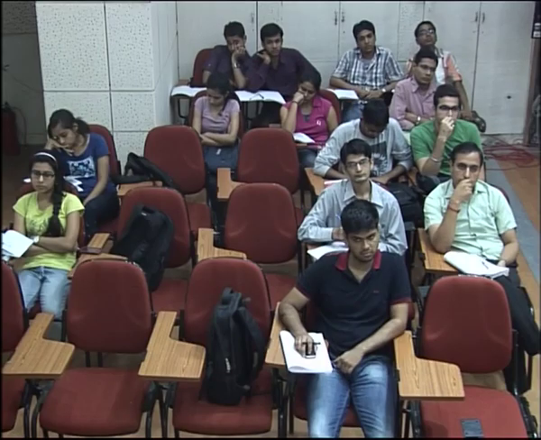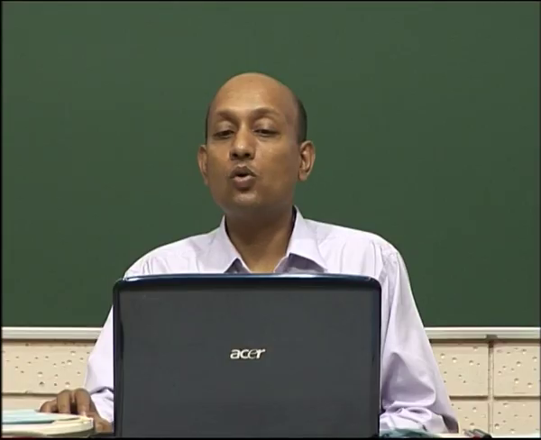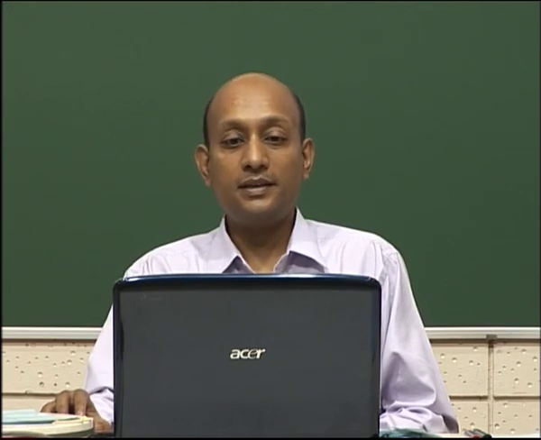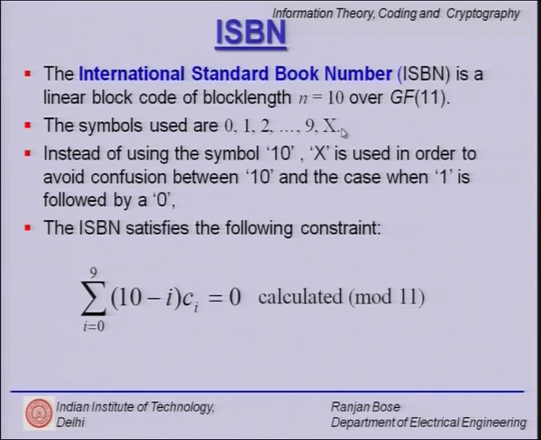Of course, the arithmetic has to be mod 11 because it is a code over GF 11. So, if you have this condition satisfied, then you can declare whether an ISBN is a valid ISBN or not.